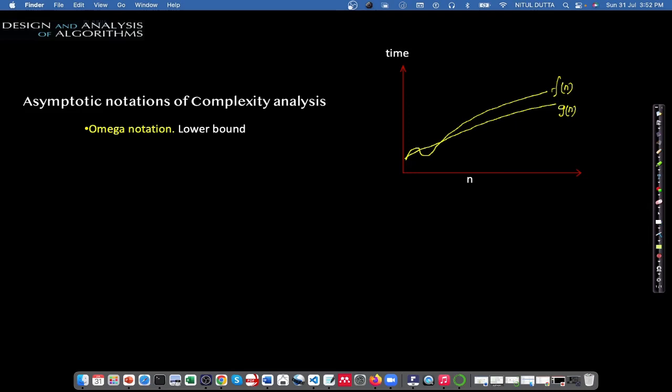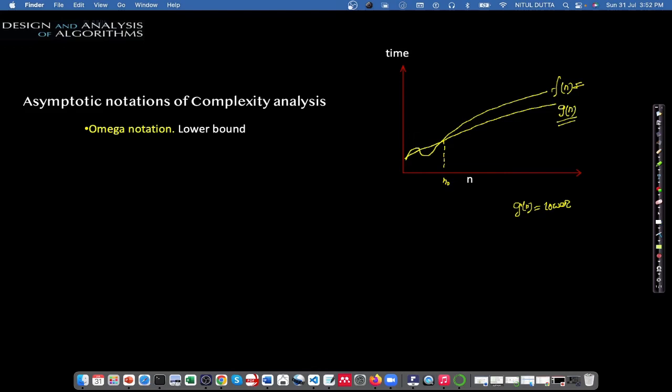That is, after a certain point n naught, the g(n) will go below the function f(n), and this function will never cross this function f(n). In that case, g(n) is known to be the lower bound of the computational complexity or time complexity of the algorithm being observed or examined.